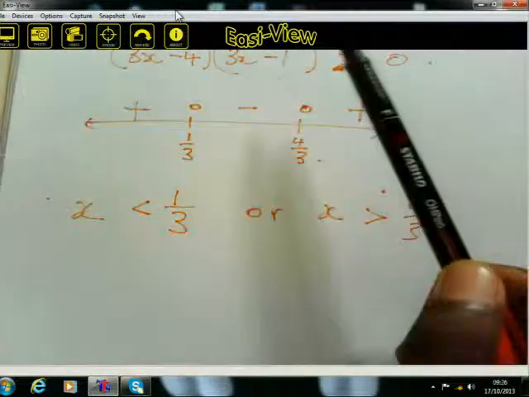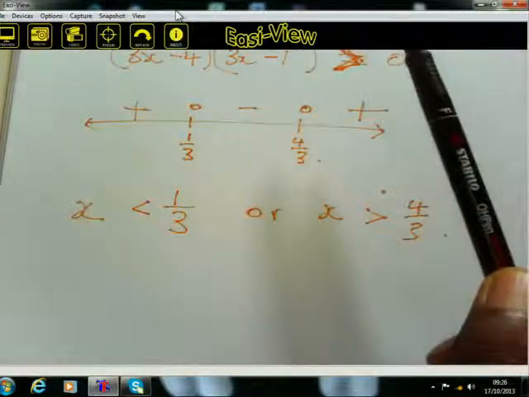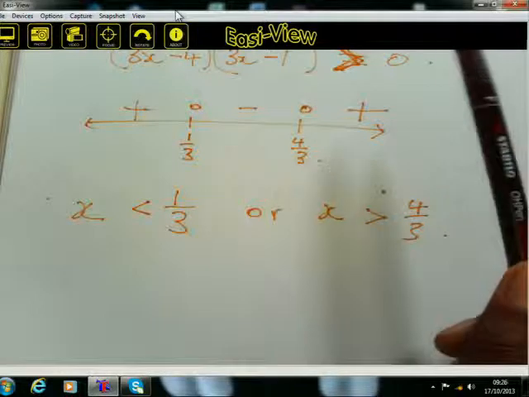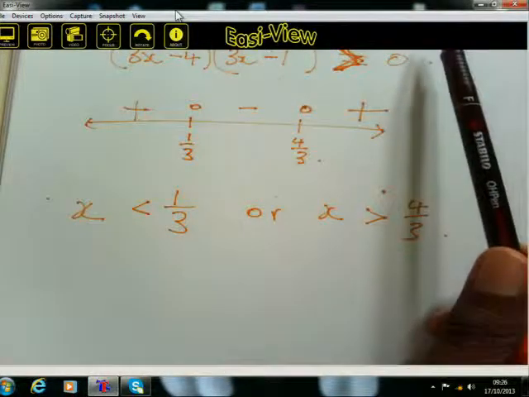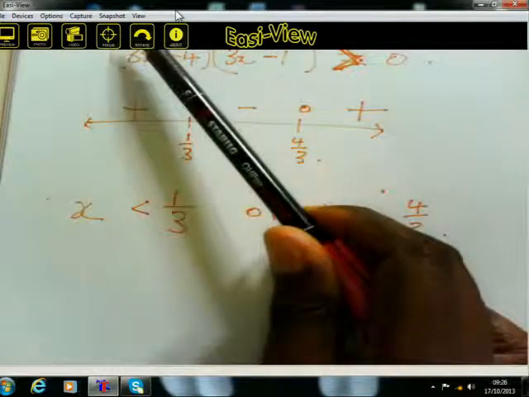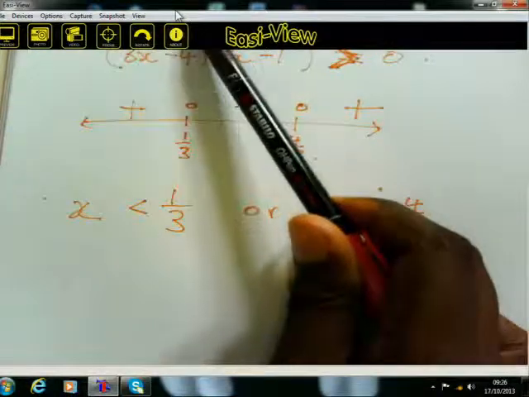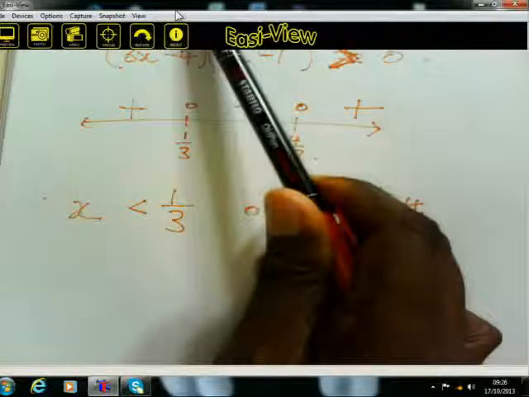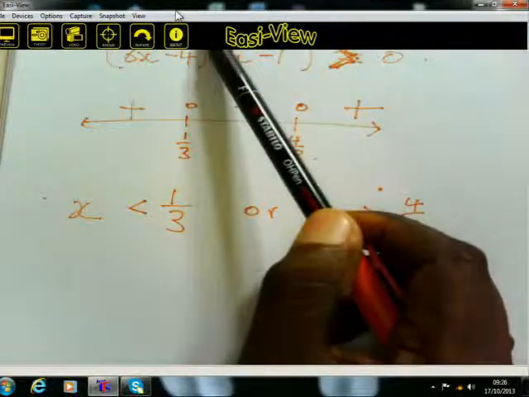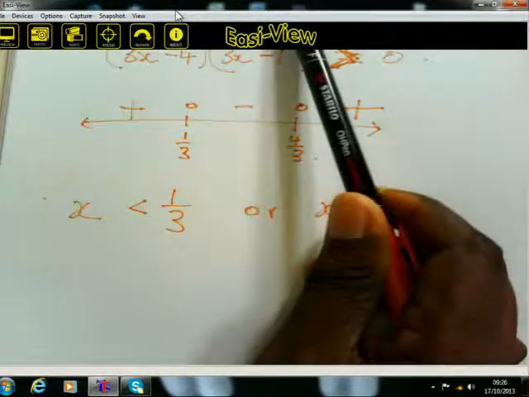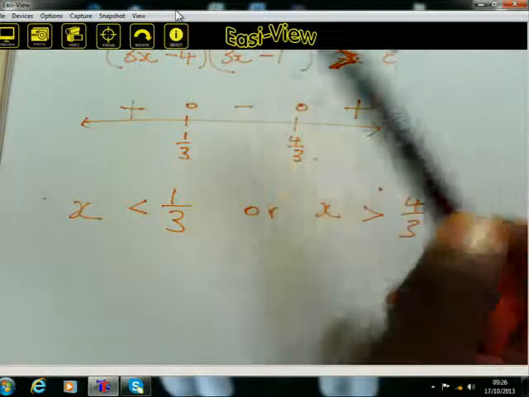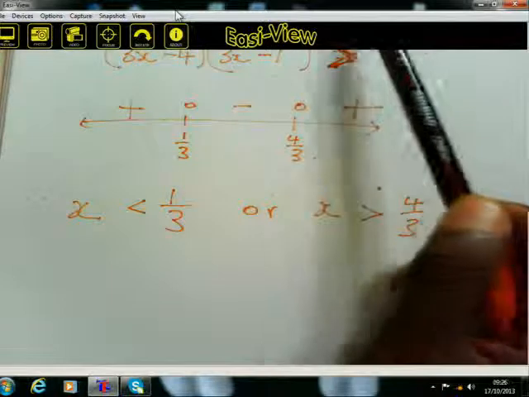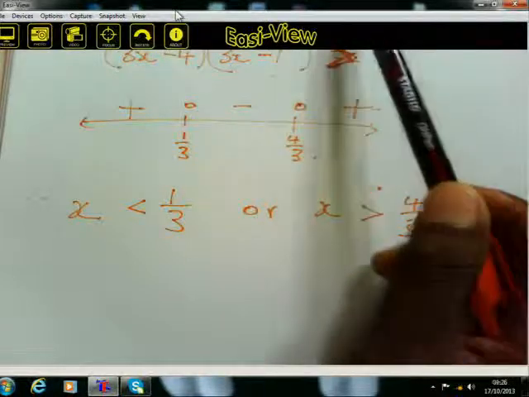If I multiply by minus 1, there are some implications that are involved. For example, this is going to be 9x squared after I have multiplied that one by minus 1, and this one by minus 1 will be this one. But coming to the question of a sign, the sign is going to change.